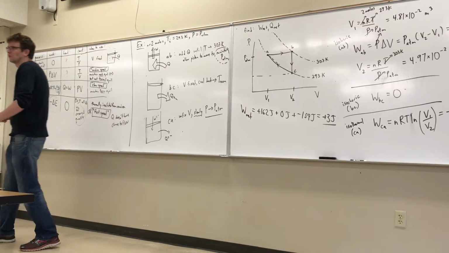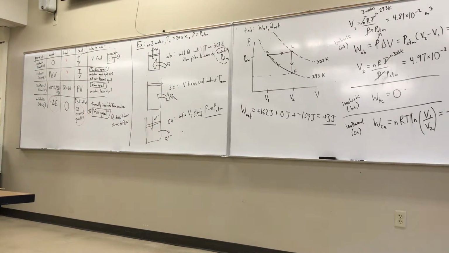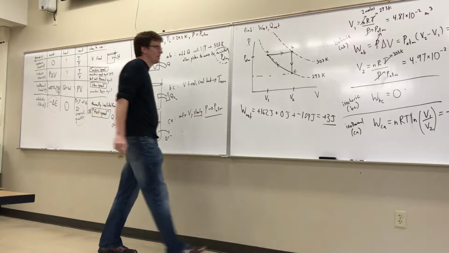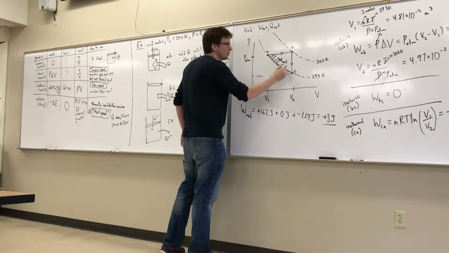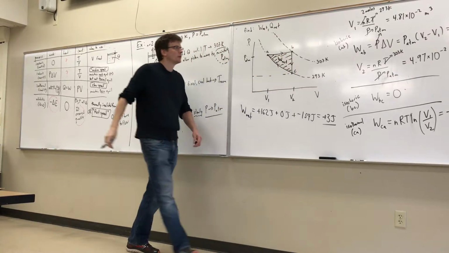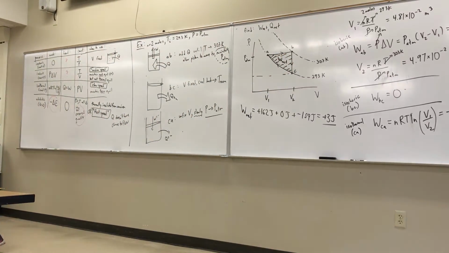Okay? That would be represented by this enclosed area. This enclosed area is the net work. That's what's left over when the positive work done by the first process is wiped out mostly by the negative work done by the last one.